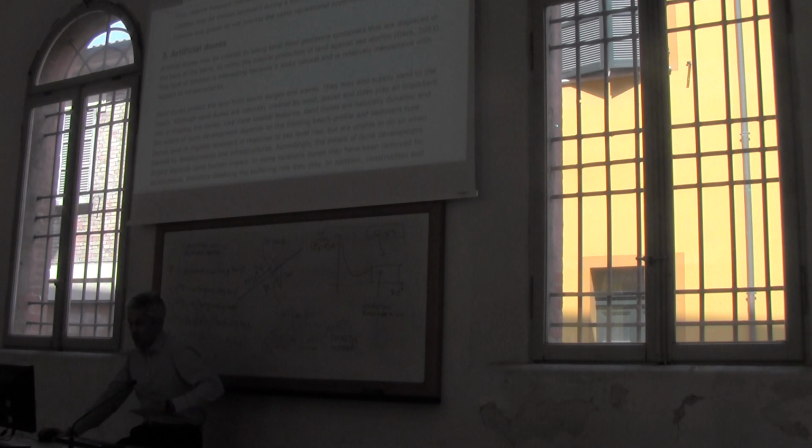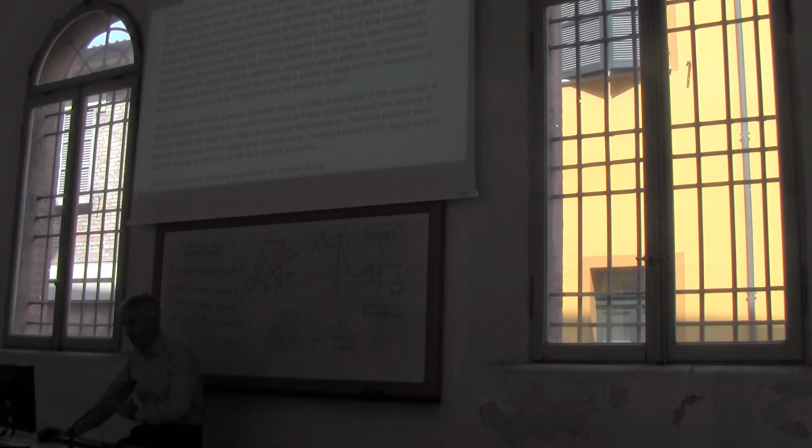And so artificial dunes are very widely used. And of course, you have to design several features. The most important probably is the height of the dune crest. So how high should it be? Of course, we have to look around and try to mimic the natural environment. If it is too high, it's not going to be very functional because it may be unstable.